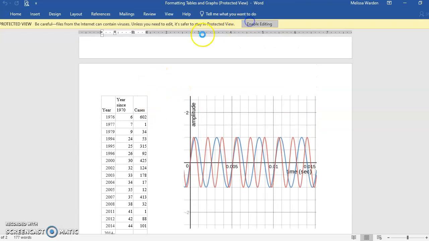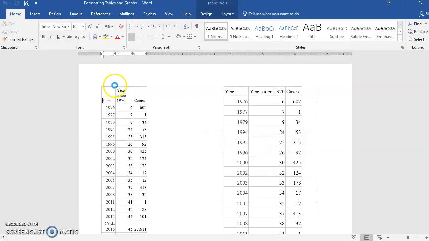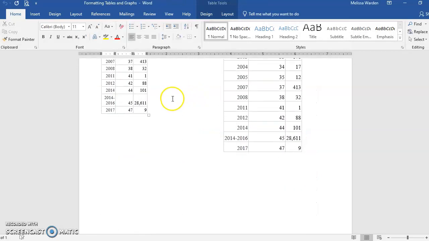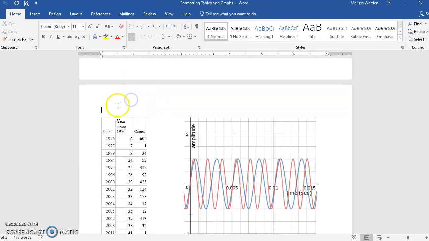Now another thing, and we talked about this for your tech projects, is you should be labeling your tables. So maybe you have table 1, years versus cases, and maybe this is graph 2, amplitude of waves.